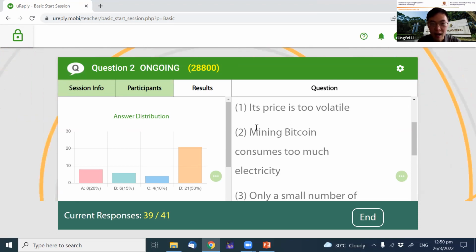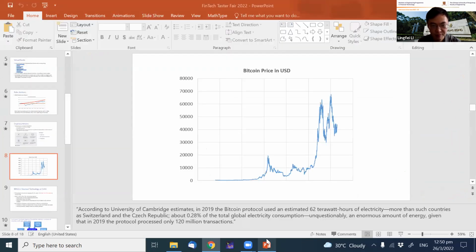And then the second one is also very, very true. I can report to you some statistics. According to University of Cambridge estimates, in 2019 the Bitcoin protocol used an estimated 62 terawatt hours of electricity. In case you don't have any sense of this number, we can compare it to the total electricity consumed by some countries.